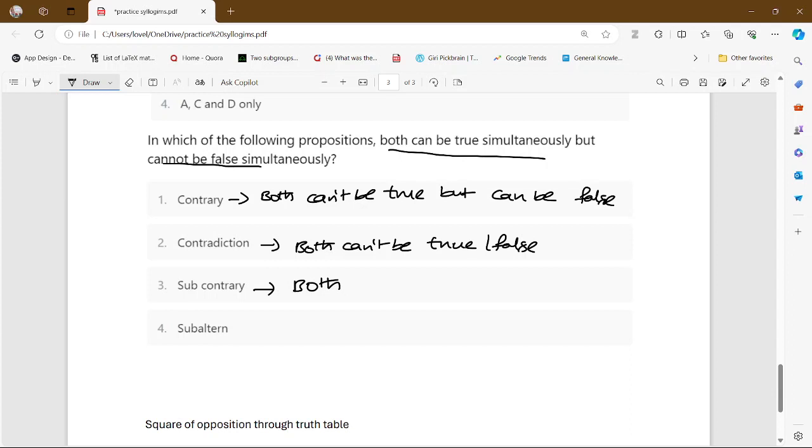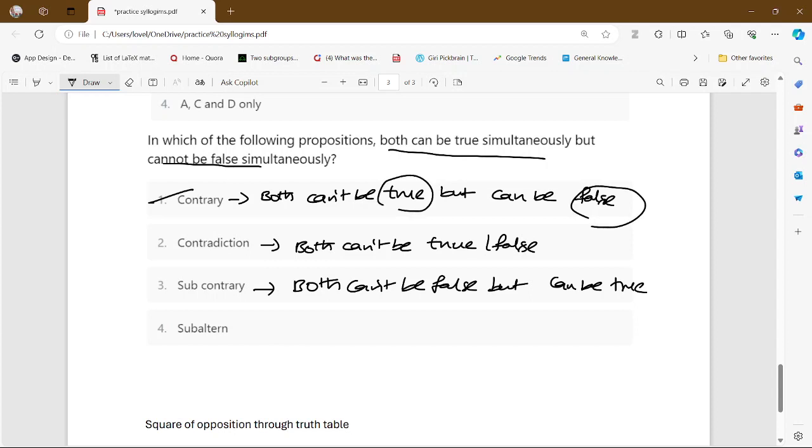So subcontrary means both can't be false but can be true. Whenever you see the statements, closing your eyes, you can directly go for it. If they are asking both can be true simultaneously but can't be false, so true, false means contrary to each other. That is option one. So you can directly go for option one.